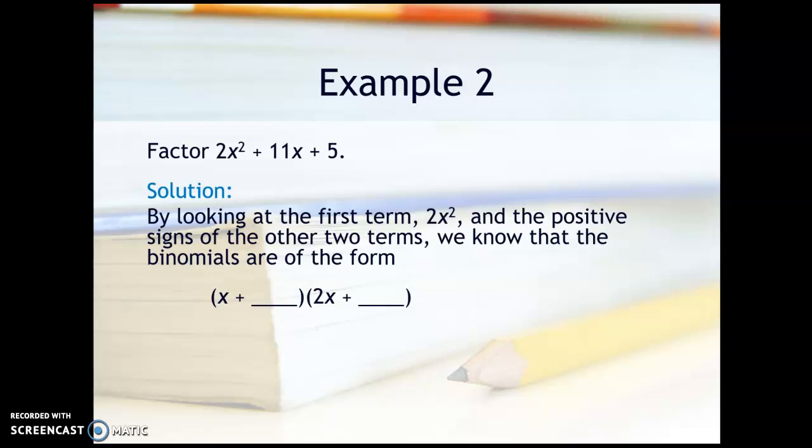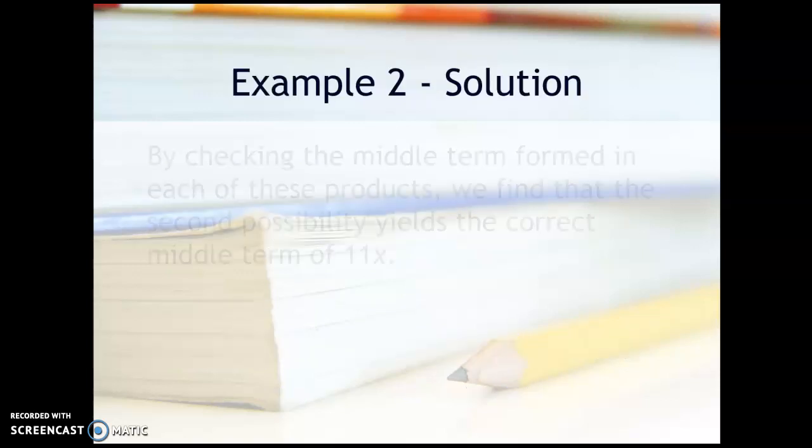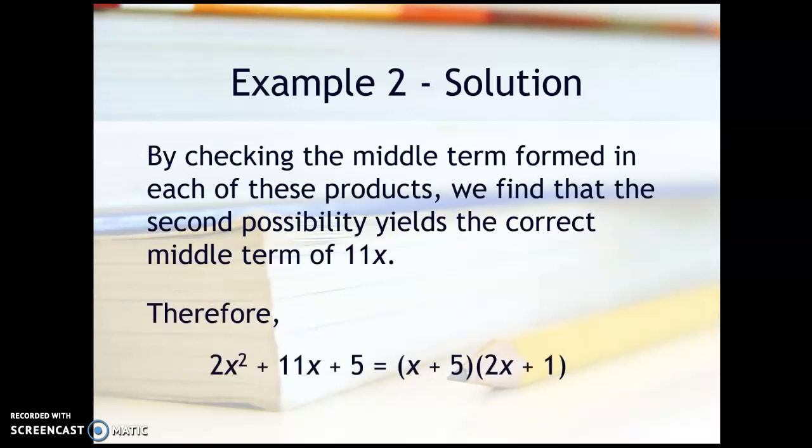Well, there are only two whole number values that multiplied together equal 5, and they are 1 and 5. So the 1 could go with the x and the 5 with the 2x, or the 1 could go with the 2x and the 5 with the x. The question is which one's going to work. So these are our two possibilities.